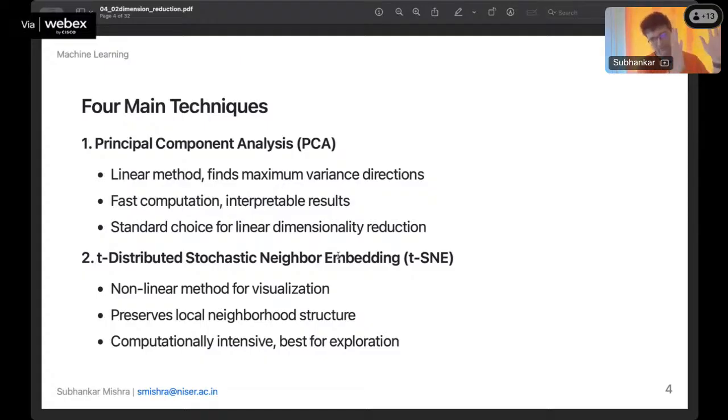Whatever the locality was in the 1,000 dimensional space, it has to be the same in the low dimensional space. But because it does all this, it is a little bit expensive in computation time. But it gives a very nice visualization. I will show you some, and you can immediately spot if there is a pattern.